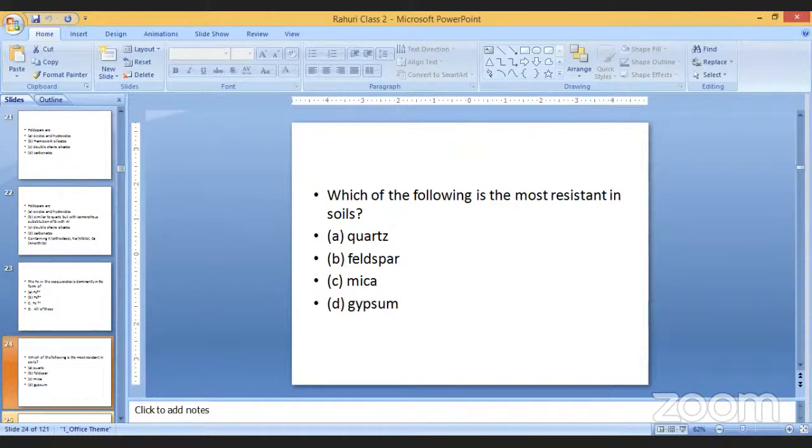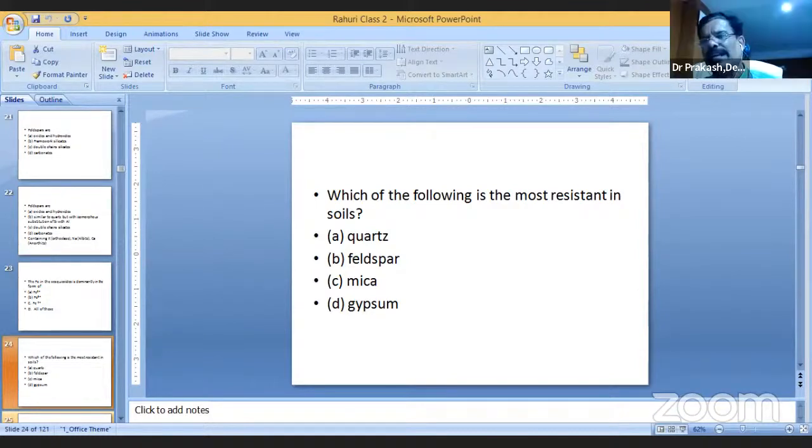Gypsum will be there because the saline soils you'll find in arid conditions, right? So gypsum and calcium carbonate will be there even in arid and semi-arid climate condition. Because the climate is not so harsh, they will try to keep them. So that is the reason.